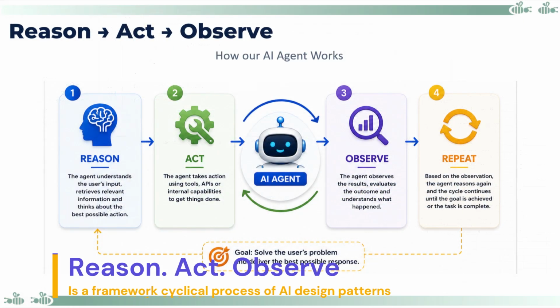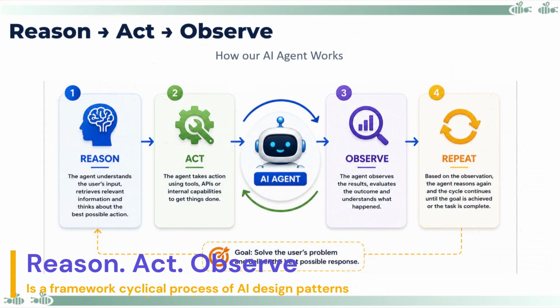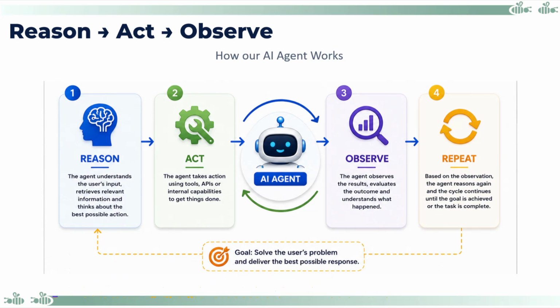Let's understand what actually happened behind the scenes. Every AI agent follows a very simple cycle: reason, act, observe. First comes reason. The LLM analyzes the user's question. It decides which tool should be used. So in our case, we'll be calling a tool to read the CSV data, right? Next comes act. Here, Python executes that function.